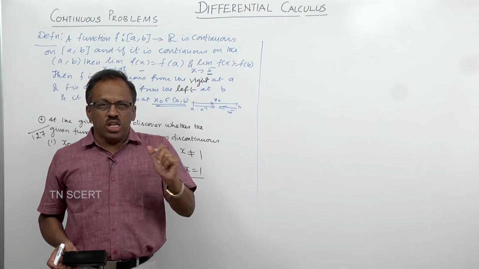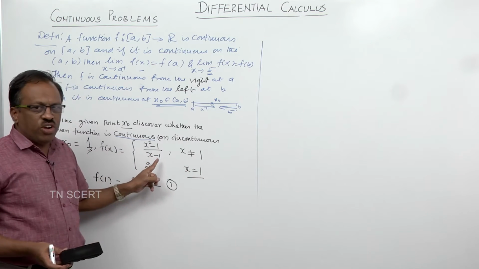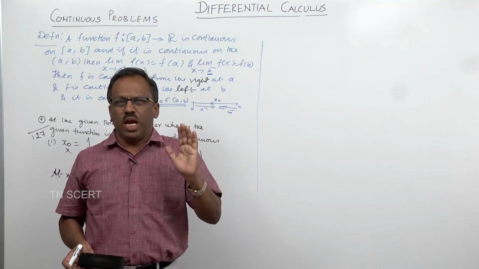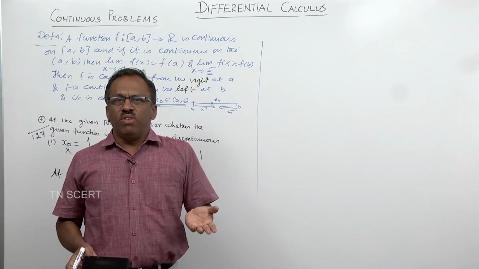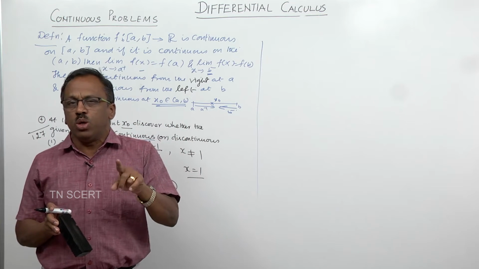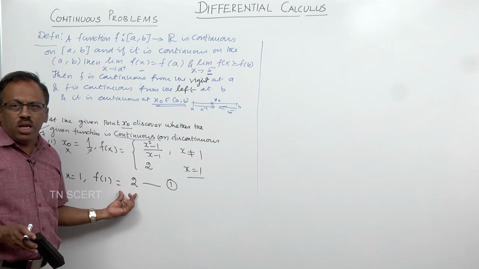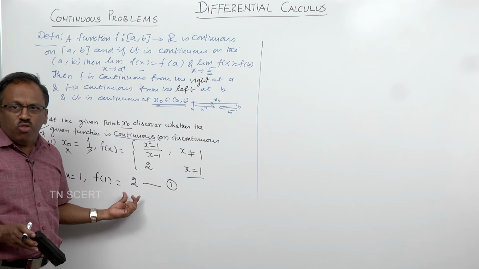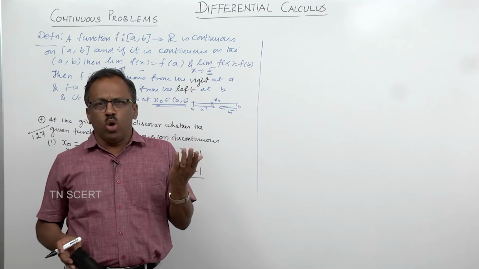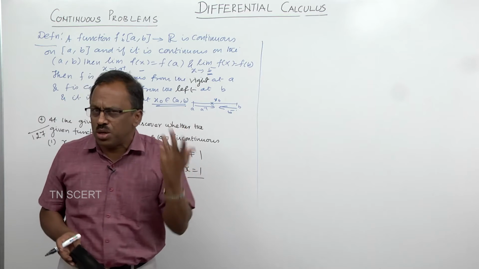So, here the question is, x is not equal to 1, there is a function defined which we have to take into consideration for the problem. We have to check whether it is continuous at that point x is equal to 1. If we are getting the same codomain or range value, that means it is continuous. If I am not getting the codomain or range, definitely this is not continuous, it is discontinuous.